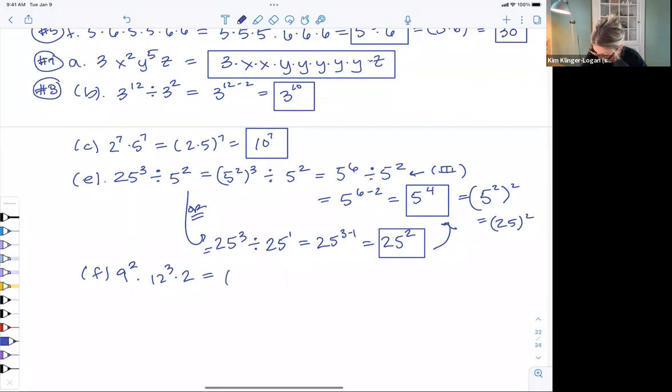So 9, that's really 3 squared. And 12, that's really 3 times 4 or 3 times 2 squared. If you want to do that in 2 steps, that's totally fine. And then, of course, I'm just going to leave that 2 on the end. So this is really my 9, and then this is really my 12, since this is 3 times 4.